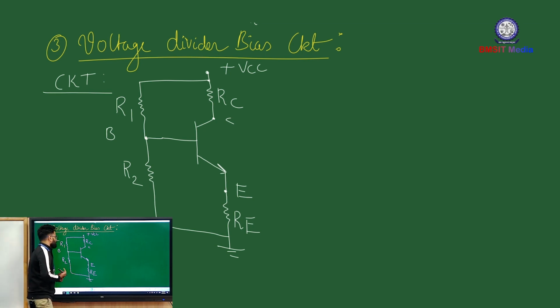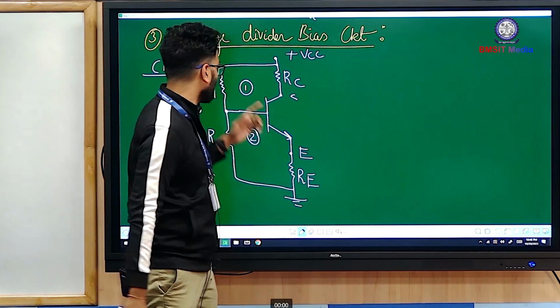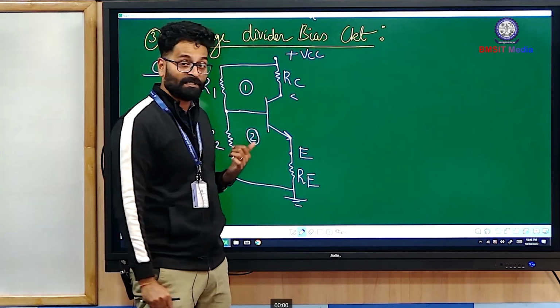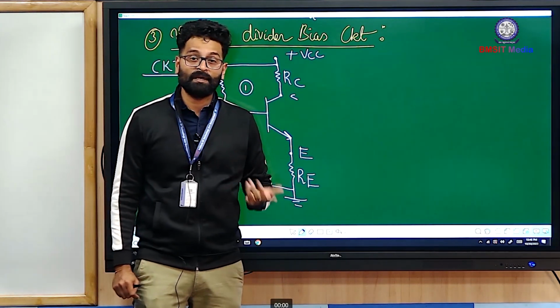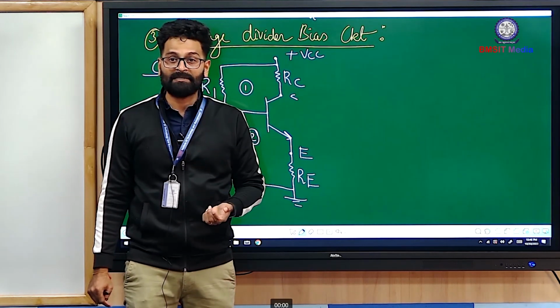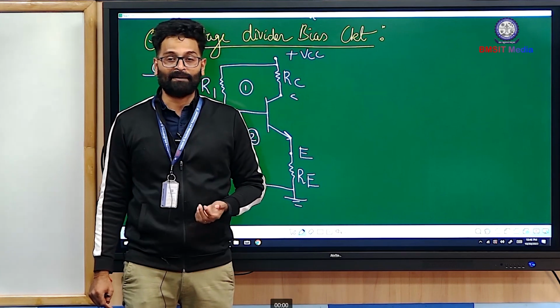Now, in this format the circuit is pretty difficult to analyze, in the sense it looks as though on the input side you have loop 1 and loop 2. So normally we jump into applying mesh analysis. But applying mesh analysis to a transistor circuit is a very tedious process because transistor circuits have multiple currents: collector current, base current and emitter current.